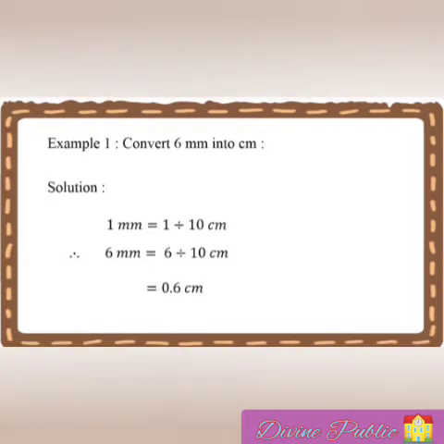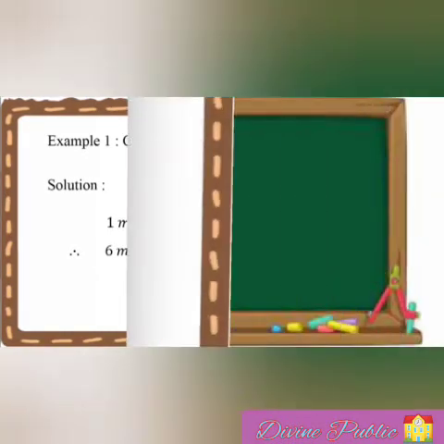Therefore, 6 millimeter is equal to 6 divided by 10 centimeter. And when we divide 6 by 10, then we will get 0.6 centimeter. Therefore, 6 millimeter is equal to 0.6 centimeter.